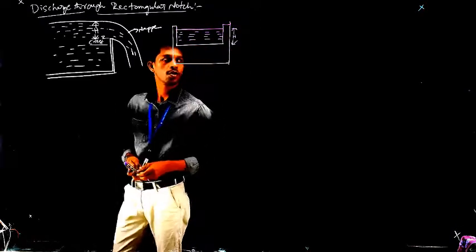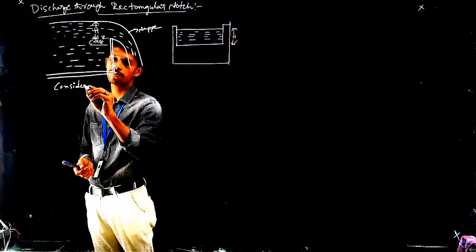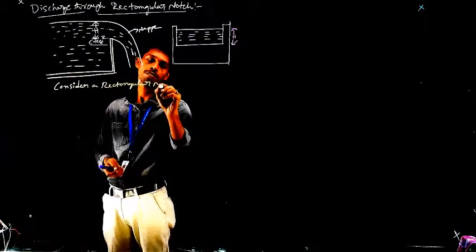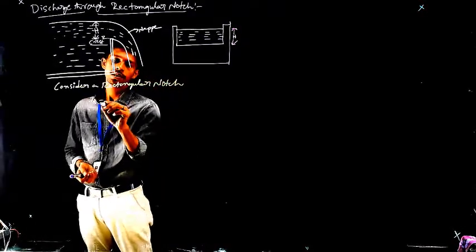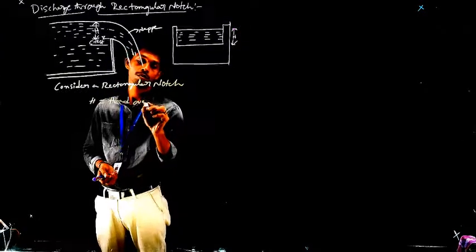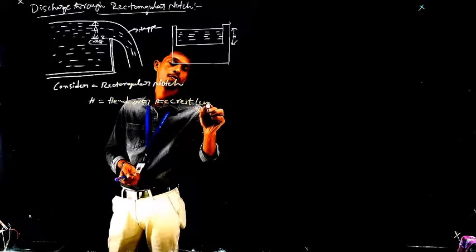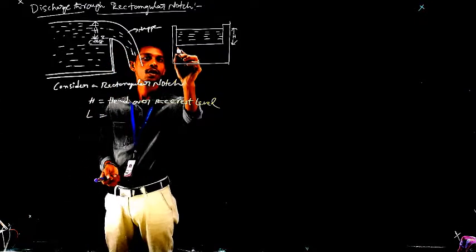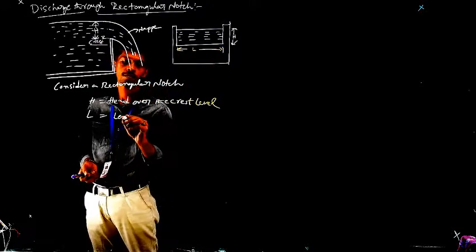So to solve this, consider a rectangular notch. For this, capital H is equal to head over the crest level, and L will be the length of the notch.